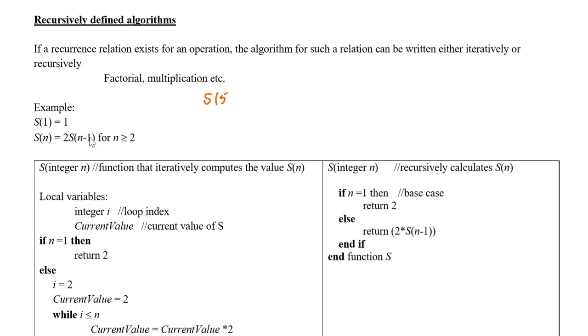If I need S5, that means I do 2 times S4, and then I call again, S4 will be 2 times S3, and you call again, S3 will be 2 times S2, and you call again, S2 will be 2 times S1, and S1 is given as 1. Then you do 1 times 2 times 2 times 2 times 2. So what does it give me? Basically 2 to the 4th power.